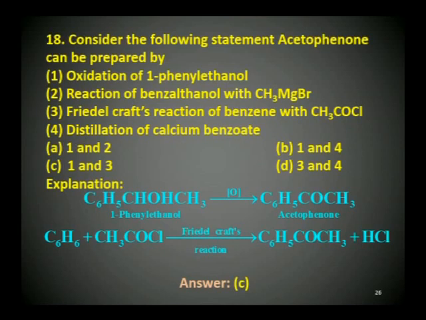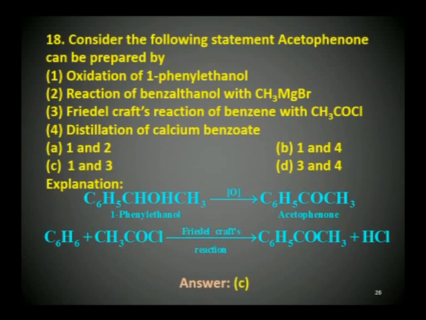You can see the reactions shown on the screen. 1-phenylethanol is oxidized to produce acetophenone, and when benzene reacts with acetyl chloride, that is CH3COCl, in the Friedel-Crafts reaction, which we also call Friedel-Crafts acylation, it produces acetophenone.